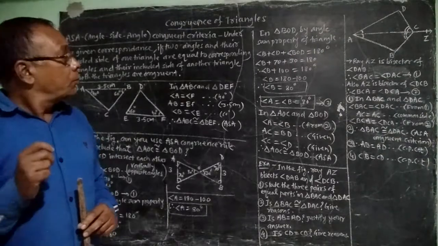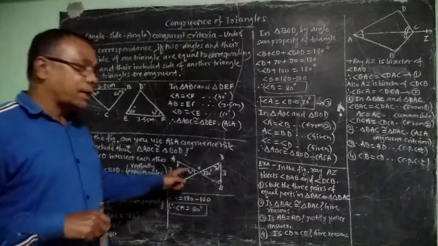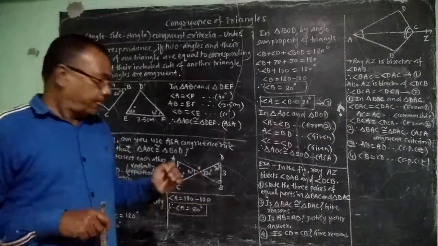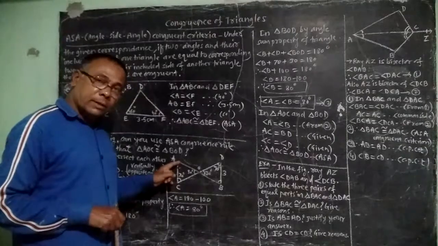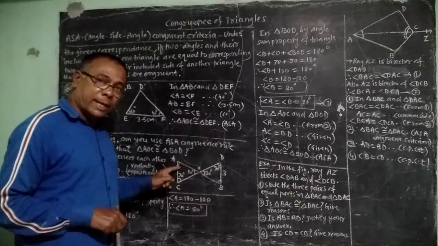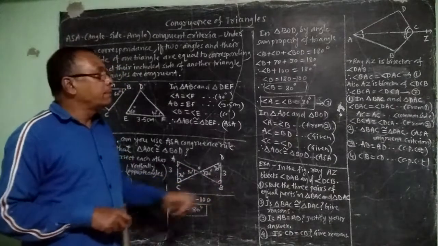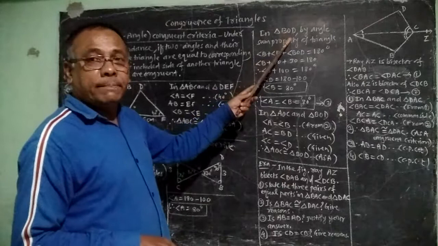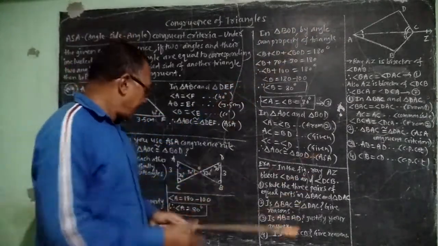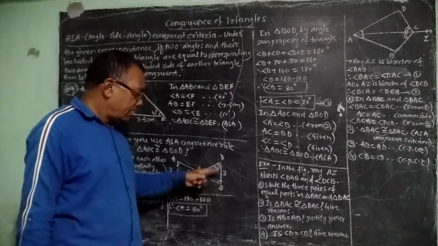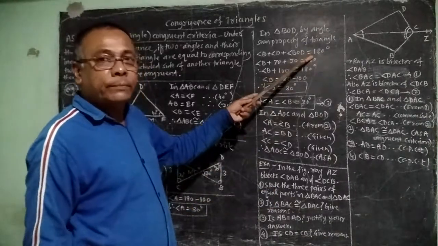But we are asked to find whether the two triangles are congruent or not. So here we have to find the measures of all three angles. Now we have to find the third angle of the second triangle, that is angle B. So in triangle BOD, by the angle sum property of a triangle, angle B plus angle D plus angle BOD is equal to 180 degrees.